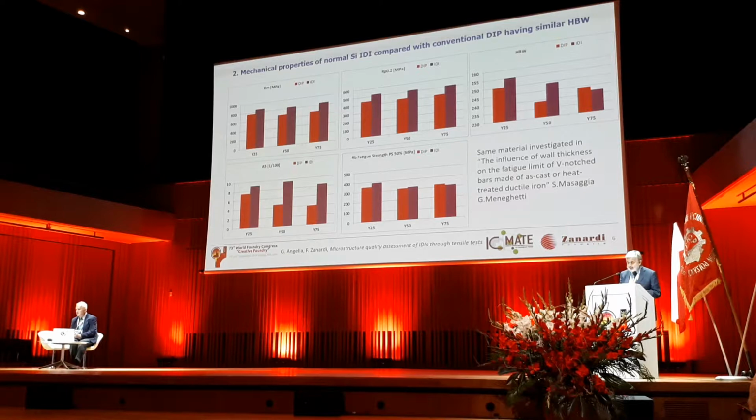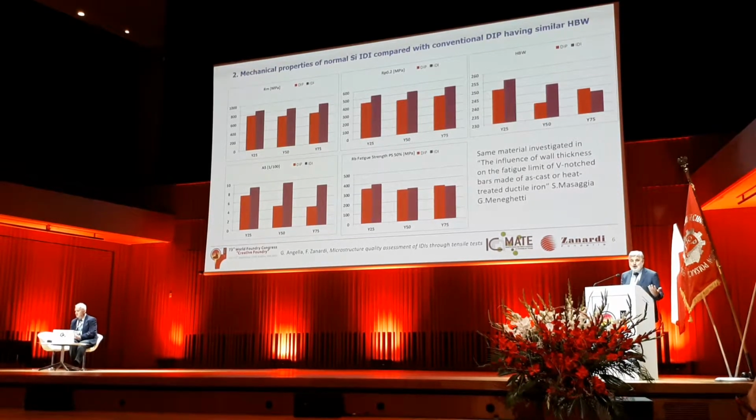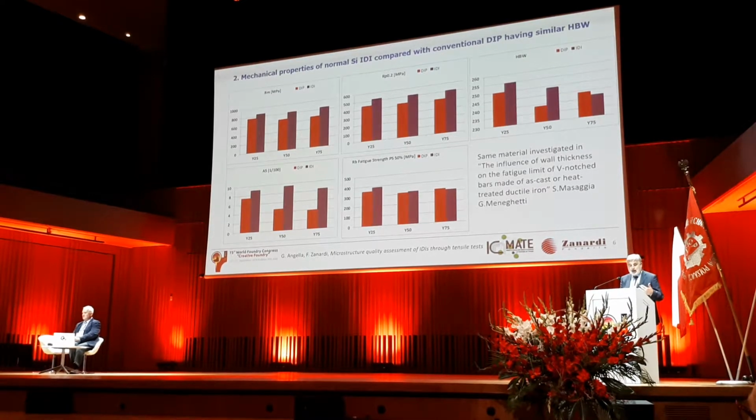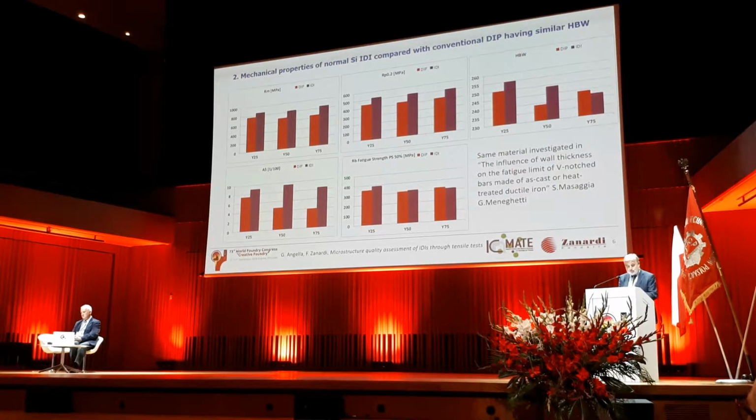And the Brinell hardness that you see on the right is similar, only 5 points different from one process to the other, so similar hardness, but you see in the upper figures that we have for the same hardness higher ultimate tensile strength and uniform tensile strength, for 25, 50, and 75 millimeters.